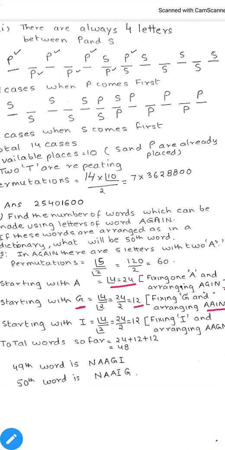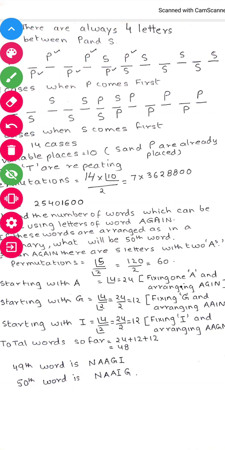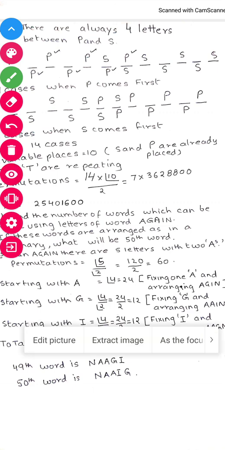Now starting with I, if we fix I at the first place, then we are left with AAGN. So again we are having 4 letters with A repeating, so it will be factorial 4 upon factorial 2, we are going to have 12 cases, as you can see.